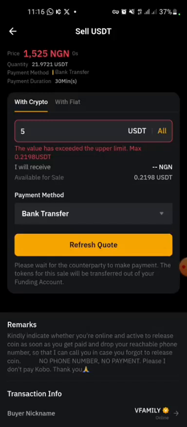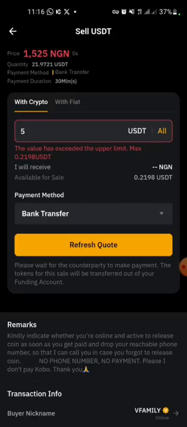You cannot try to play a fast one, where the person has sent you the money, you don't want to release the coin, and you want to go and withdraw that $5 so that you have both your $5 and the money. It's not possible, because once this trade is opened, the $5 will be temporarily locked, because the transaction of that amount is ongoing, right?